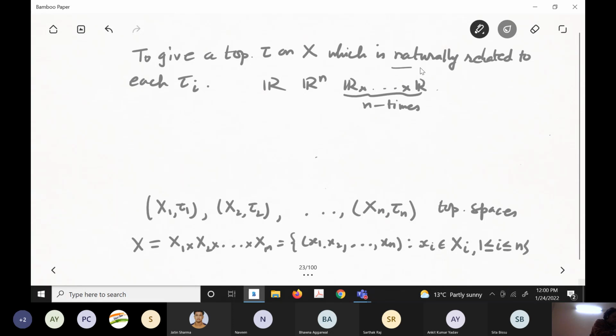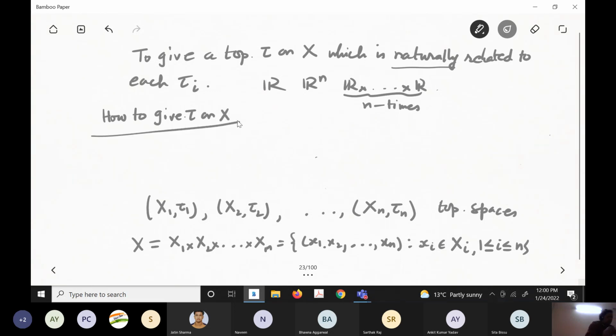It will become more clear when you further study the product topology. How to give tau on X?